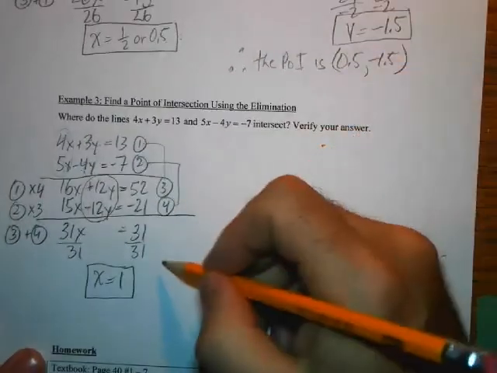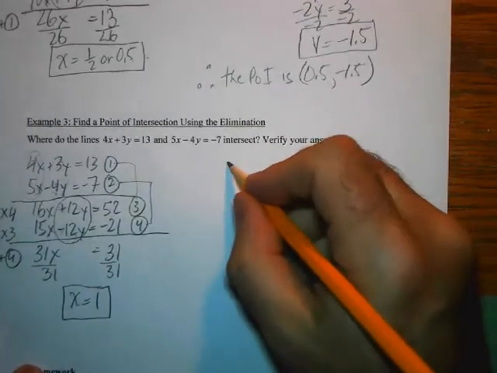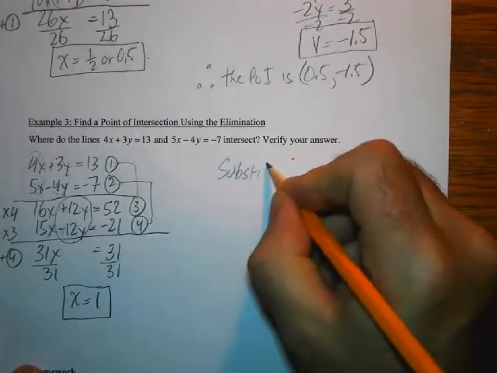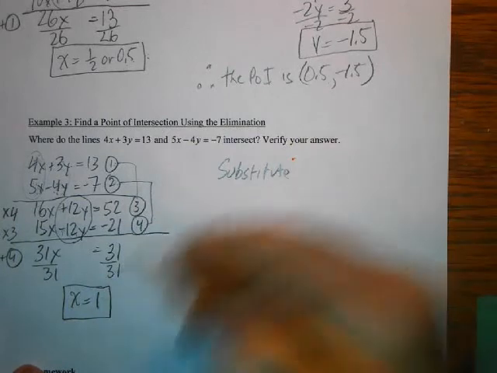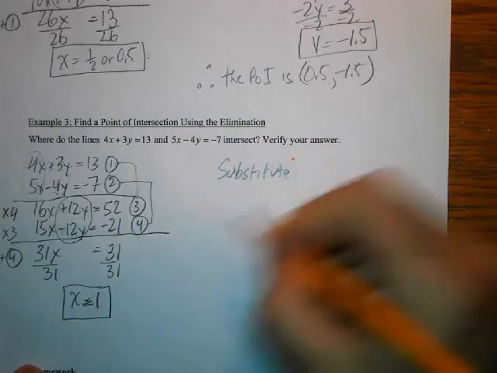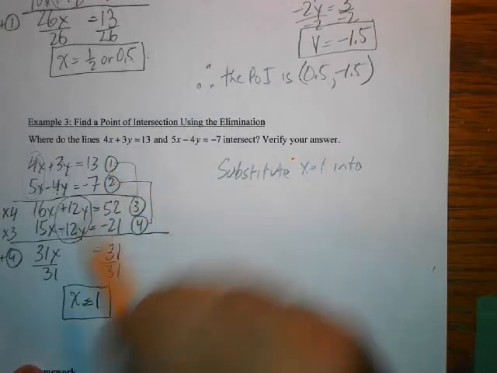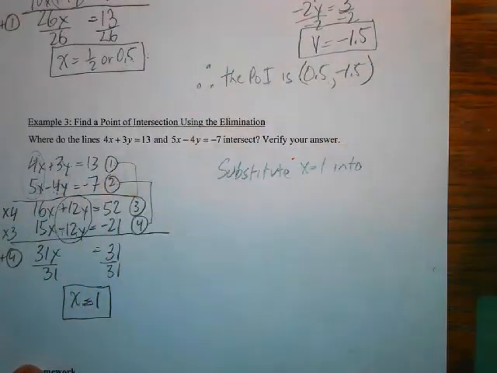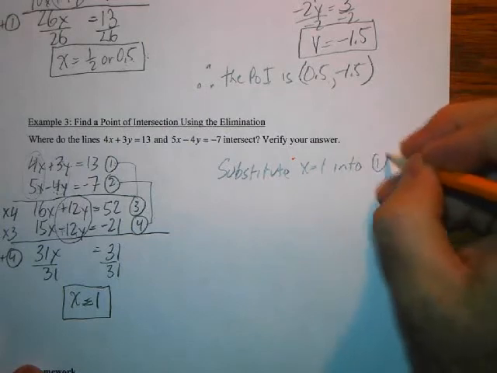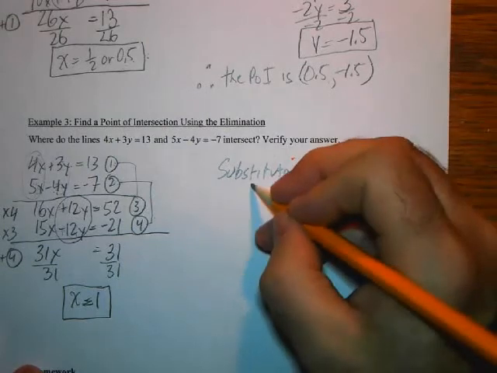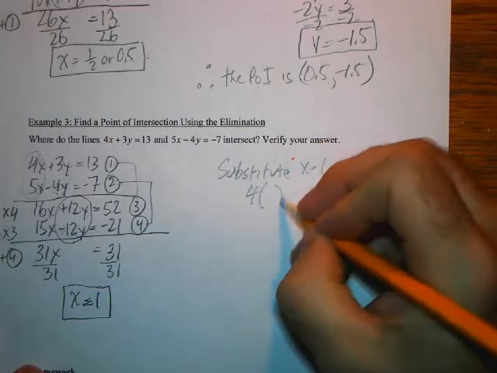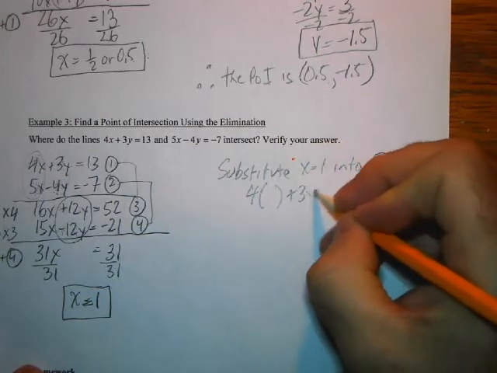Now we just do the regular substitution step like we've done every single example. Substitute x equals 1 into one of the original equations. I'm going to pick equation 1 just because the numbers are smaller. So I have 4x plus 3y equals 13.